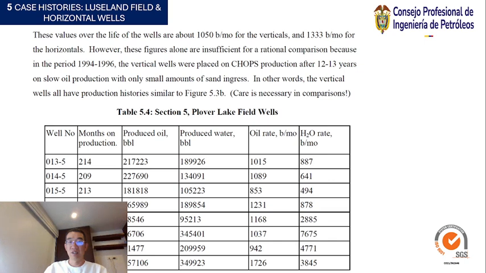And the oil production shows us the vertical well is much better than the horizontal well, because the horizontal well life is less than the vertical well.